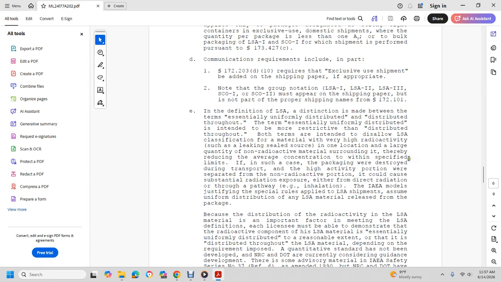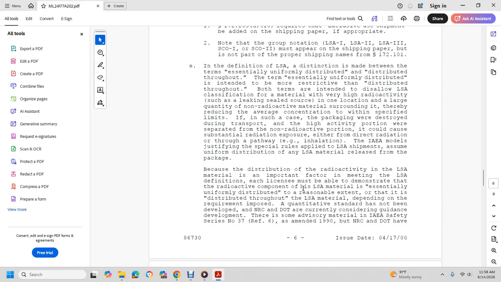In such a case, the packaging could be destroyed during transport, the highly active portion separated from the non-radioactive portion, and could cause significant radiation exposure through either direct radiation or the pathway of inhalation. The IAEA models justify the special rules that apply to LSA shipments, assuming uniform distribution of any LSA materials received in the package.